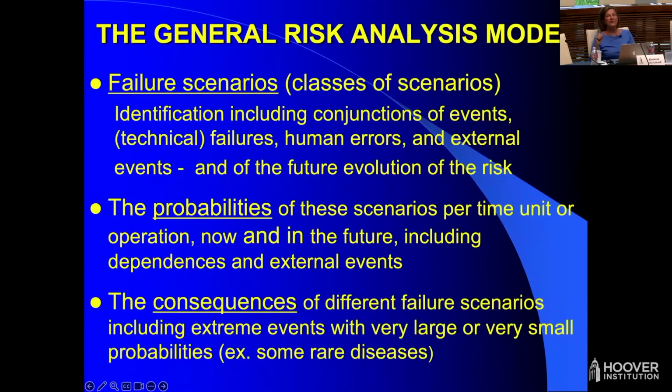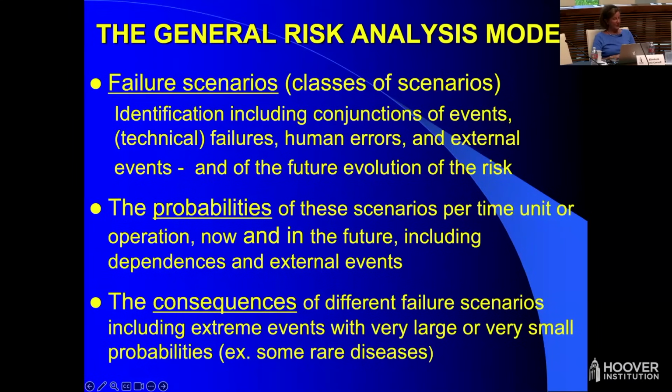First, the failure scenarios. And I'm talking about classes of scenarios because we don't want to get into excruciatingly complicated details. Identifications include the conjunctions of events, technical failures, human errors, and external events. External events are very important. For example, the earthquakes on my house, and the future evolution of the risk.